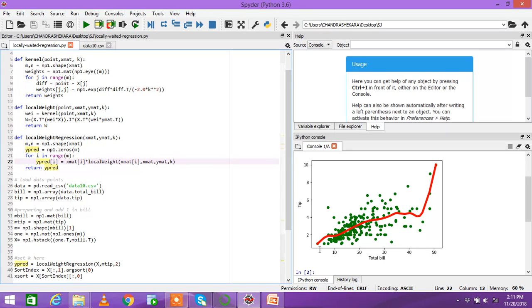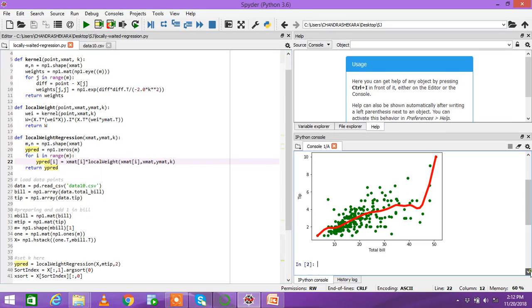So this is the graph which is plotted, and every time the weight is assigned, this is how the graph is plotted. So you are able to plot a graph for non-linear data in this manner.